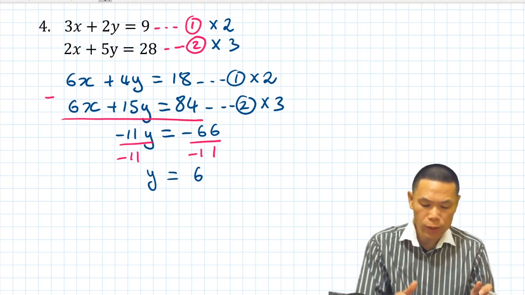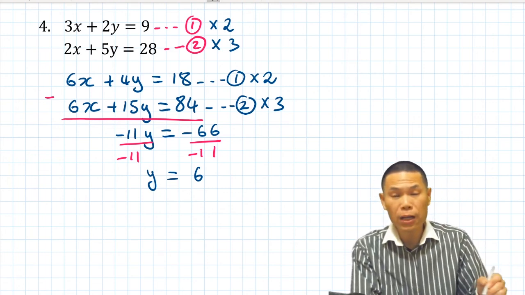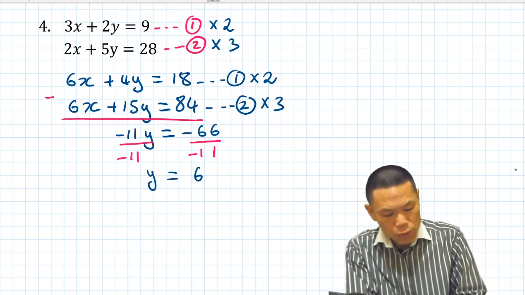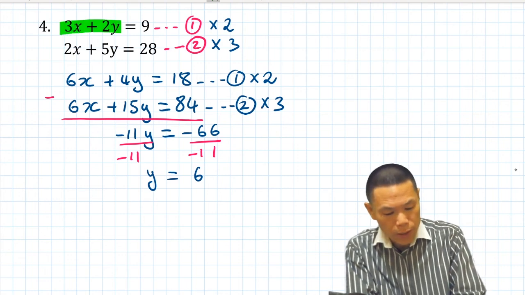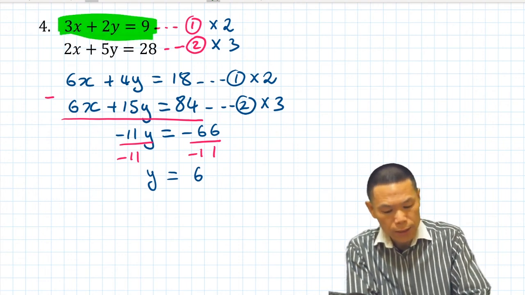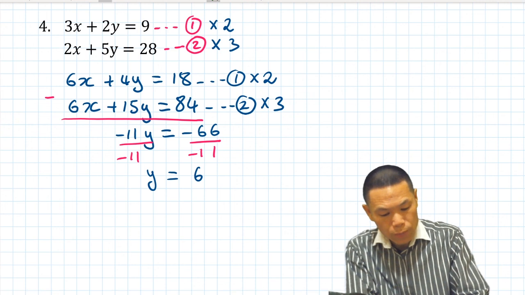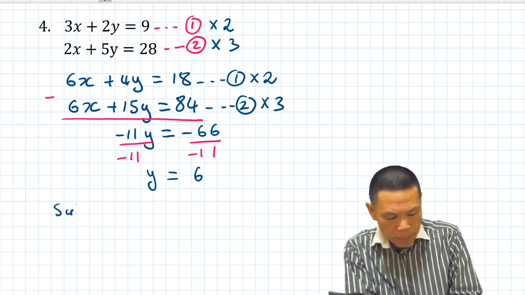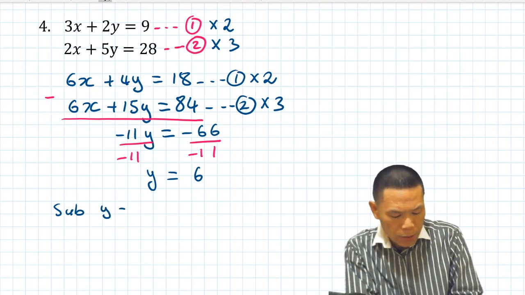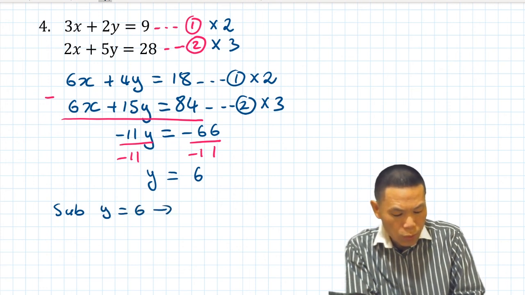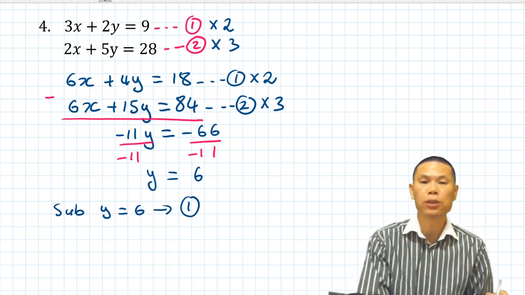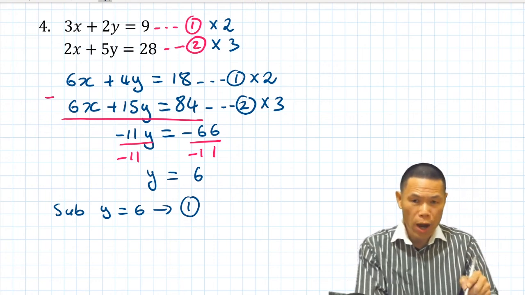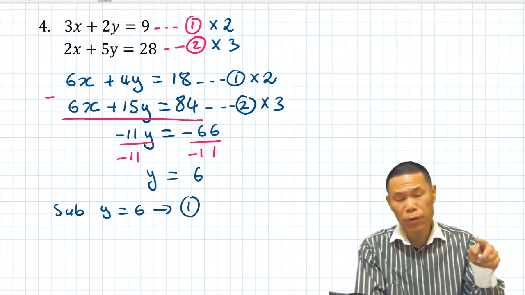When y equals 6, we need to find the value of x. So I just substitute y equals 6 into the first equation. Nice and easy. Every time you see y in the first equation, we need to replace it with 6.